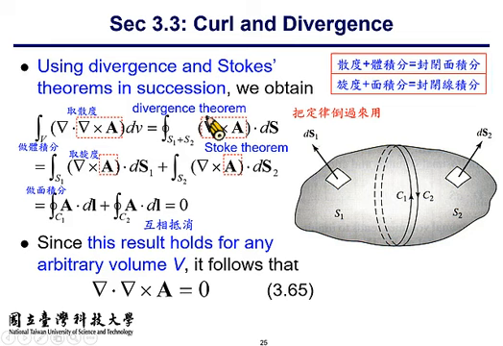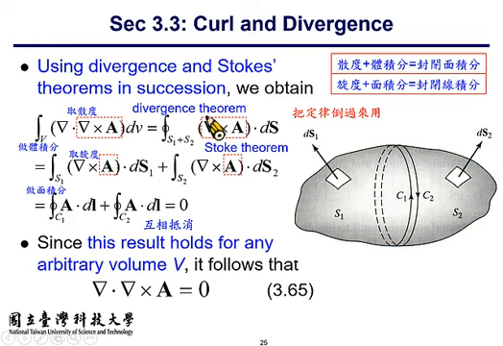So the volume integral is transformed to a closed surface integral. So you have a closed surface formed by S1 and S2, and the vector is identified as curl A. And the next step is to separate the closed surface integral into two surface integrals, over S1 and S2, respectively.